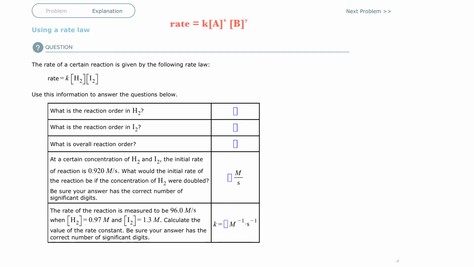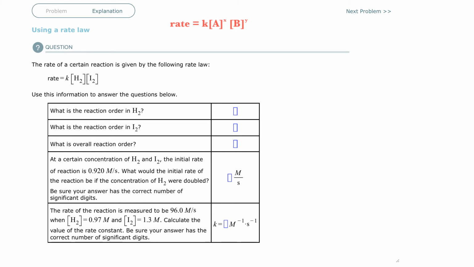So when you are asked, what's the reactant order? That's your superscripts. So the reactant order of A is the X. The reactant order of B is the Y. So let me go ahead and label that.